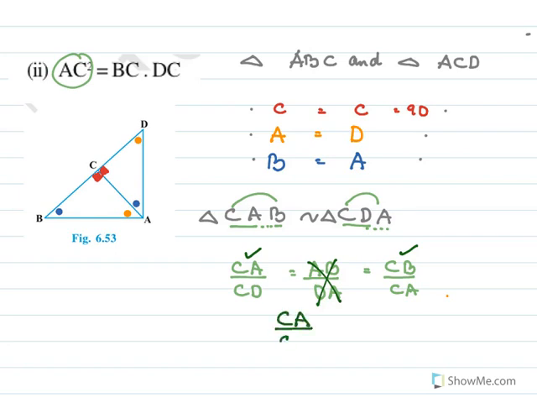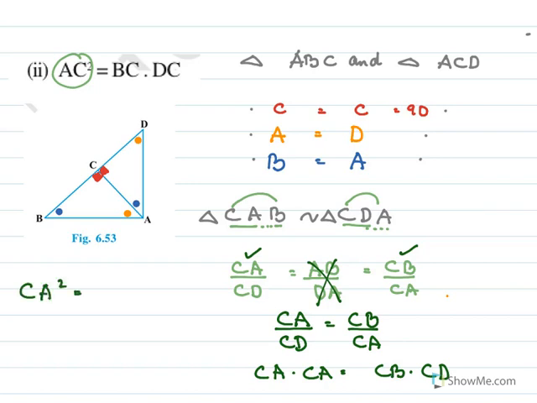So I do now CA over CD equal to CB over CA. If I cross multiply, CA square equal to CB into CD. CA square can be written as AC square, CB as BC, and CD as DC, and I have proved.